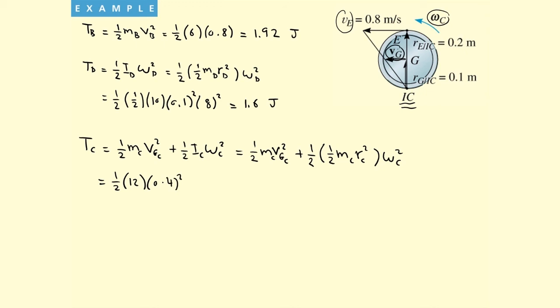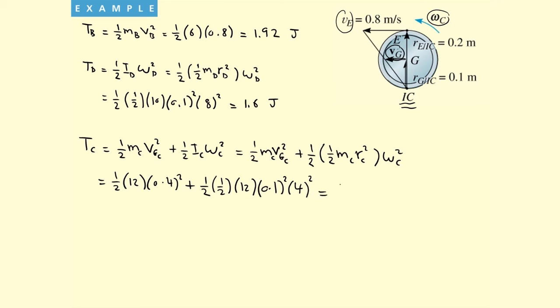So this is the first part, plus half multiplied by half, multiplied by the mass, which is 12, multiplied by r_C squared, and r equals 0.1, multiplied by omega_C, which equals 4 radians per second squared.